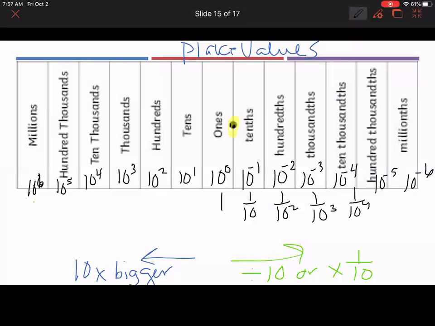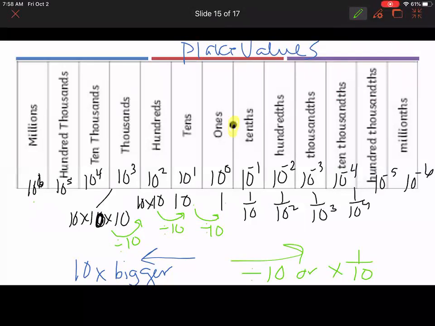This is 10. This is 10 times 10. 10 to the third is 10 times 10 times 10. And so if you think about this idea of moving to the left as divide by 10, well, now 10 times 10 times 10 divided by 10, now we only have 10 times 10, divided by 10 again, now we only have 10, now divide by 10 again. 10 divided by 10 is 1.